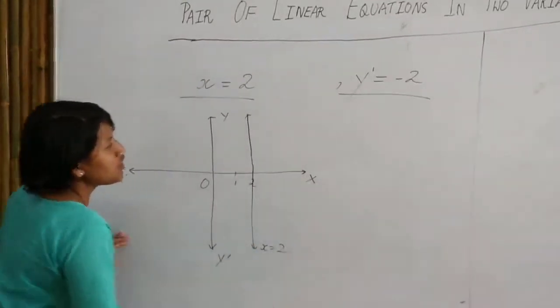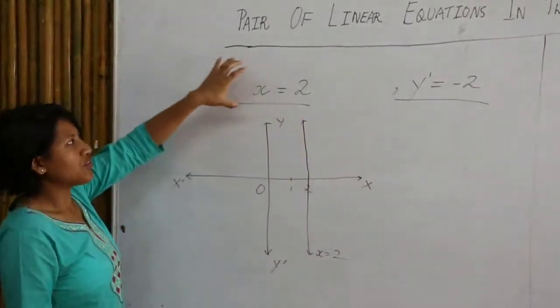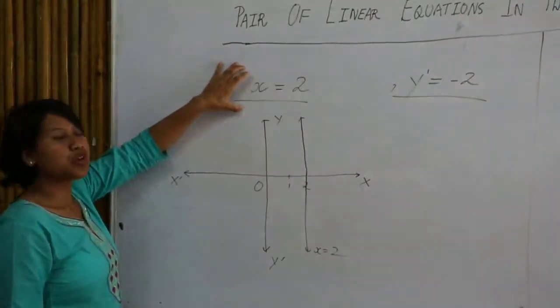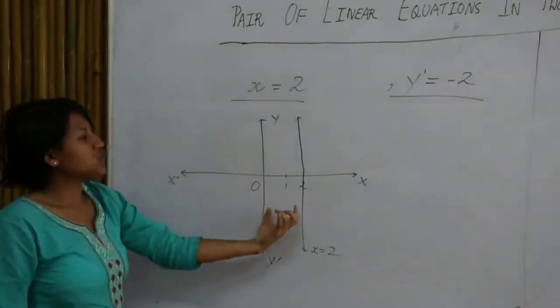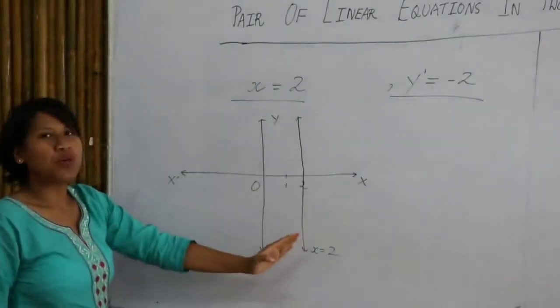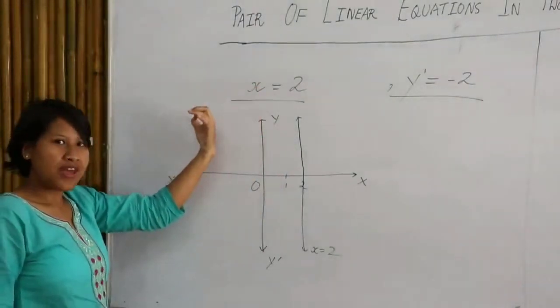After plotting the points, you will get the graph of this equation. So we conclude that x equal to 2 is a straight line which is parallel to the y-axis. Remember, x equal to a constant is parallel to the y-axis.